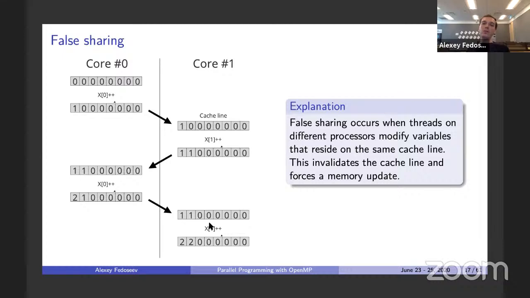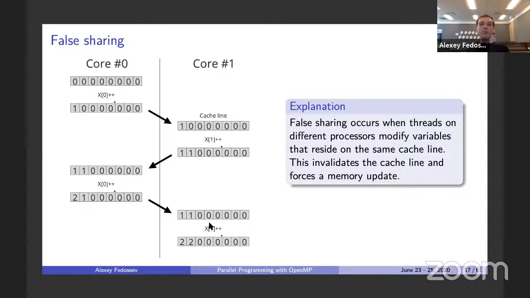But what you need to take away from here is that when you create an array and every thread works with its own element of the array, and then you have very fast updates, for example, every nanosecond you're updating an element, with every thread updating its own element, you're creating a lot of bouncing around between these aforementioned cache lines.